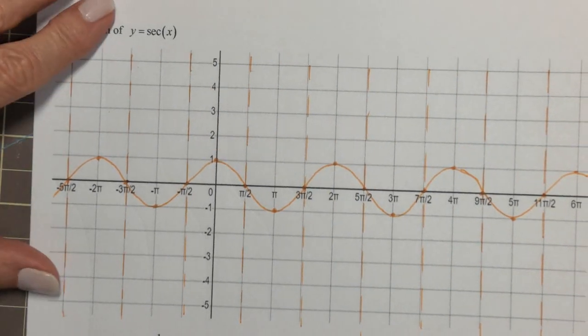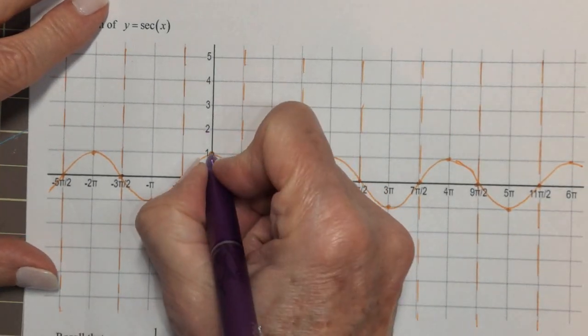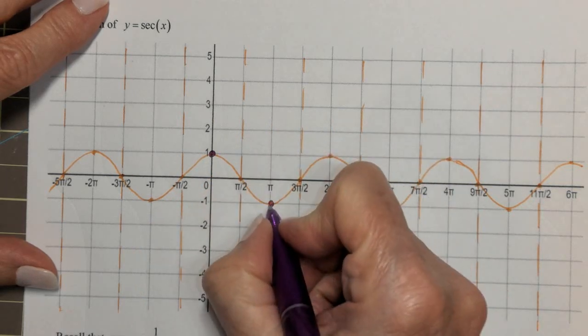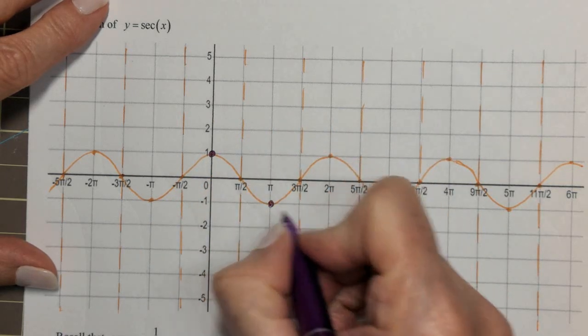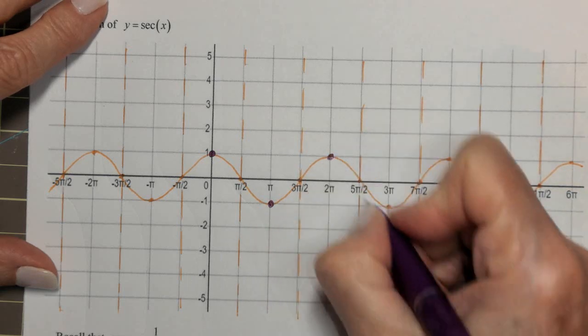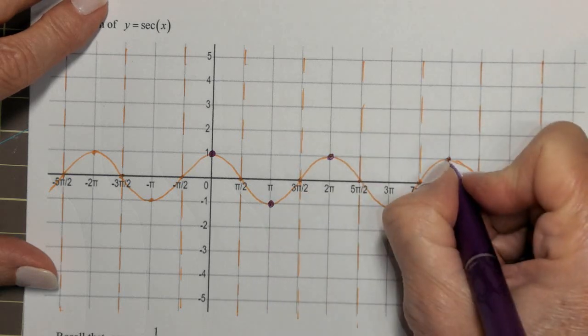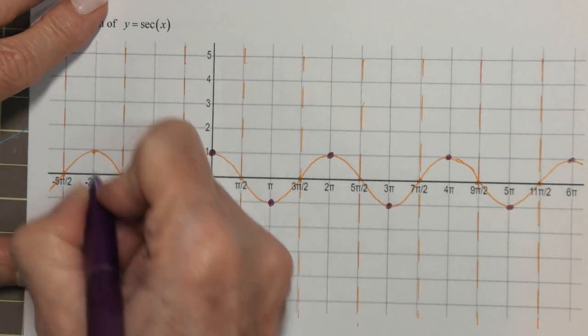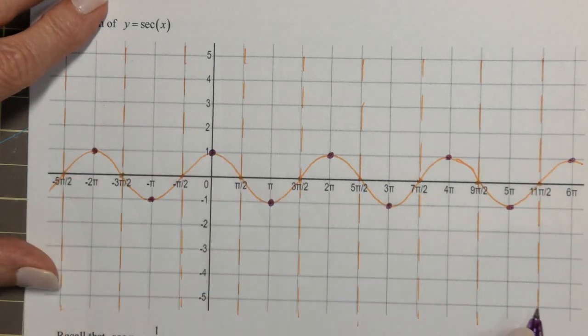So these points that are on cosine are also on secant, those points, 1 and -1.